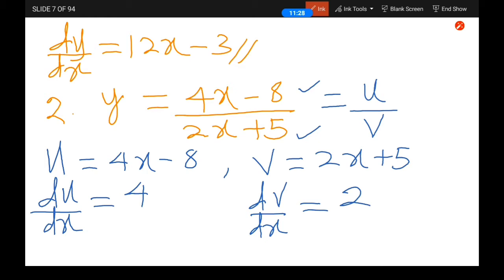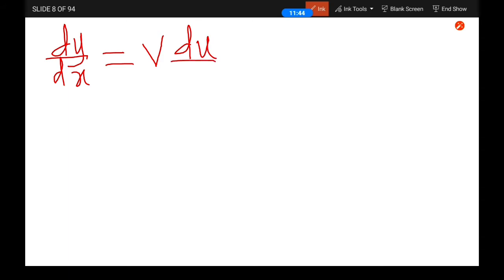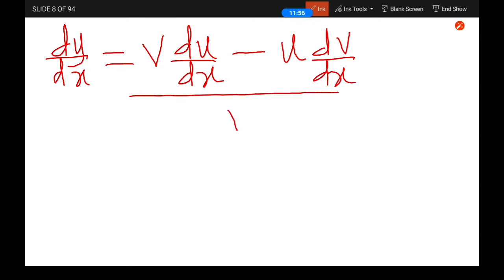Very good. And so the law for the quotient rule says that you leave the second one, the denominator, differentiate the numerator, then subtract from it leaving the numerator, differentiate the denominator, then you square the denominator. Now, what do we get as our v?